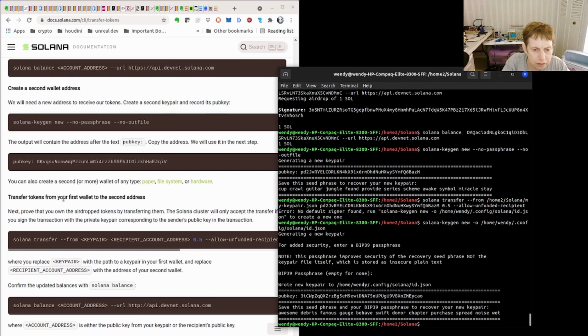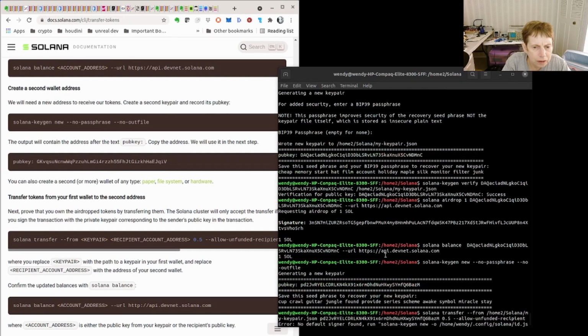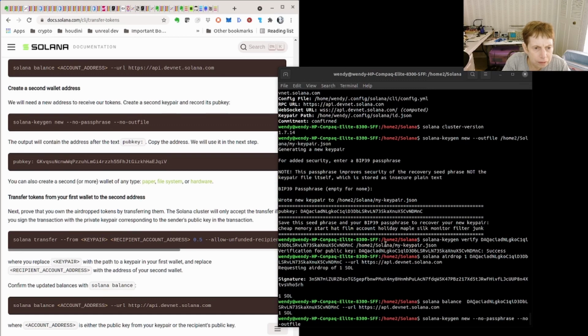Because if I understand it correctly, you see? So the private key pair that I generated is up here. Did I do something? Did I type something wrong?